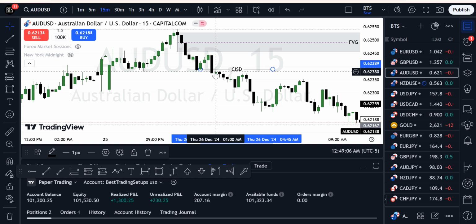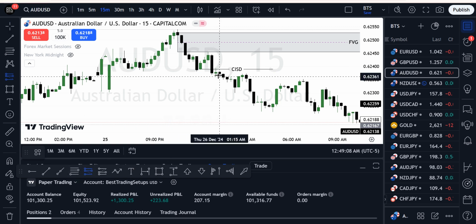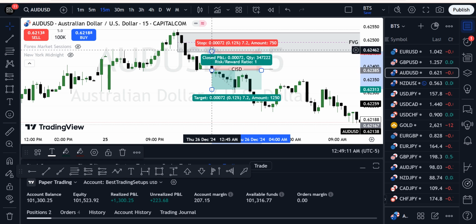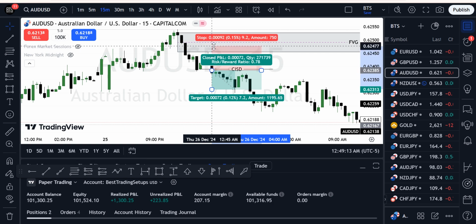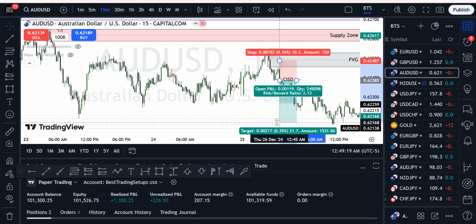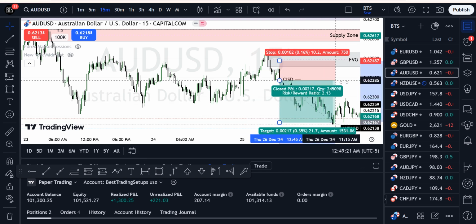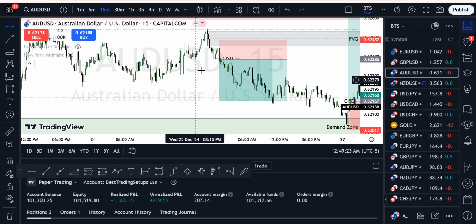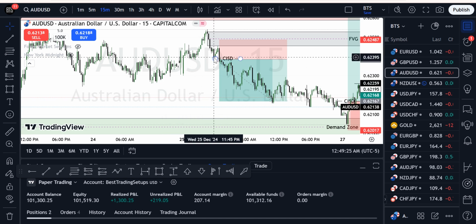Immediately price closes and we get a tap, that's your entry. The swing high that started the change of delivery, that's where your stop loss will be, right? Which is here. Then you are going to be targeting a 1 to 2 or 1 to 3 RR. That's the way you use change in state of delivery or continuation in state of delivery.